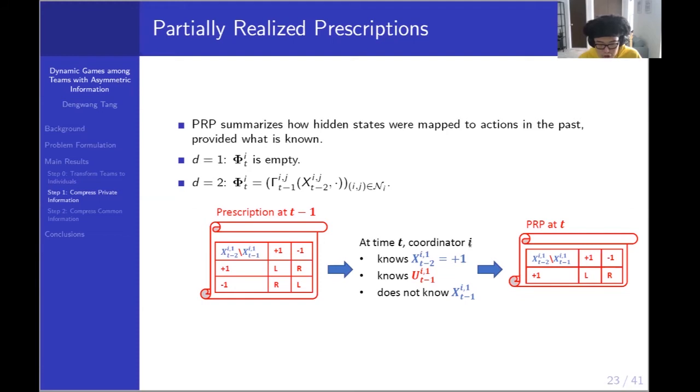So the coordinator then needs to retain a part of this prescription, which relates to how x_{t-1} was mapped to action, given the knowledge that x_{t-2} is plus 1 in this case. And the coordinator doesn't need to use the other half of the table because the other half was not used in this system, and the coordinator knows that.